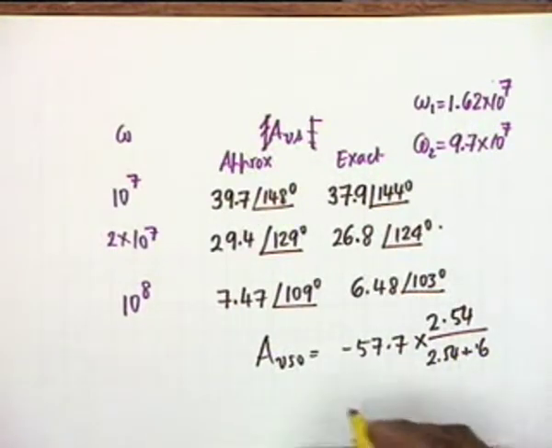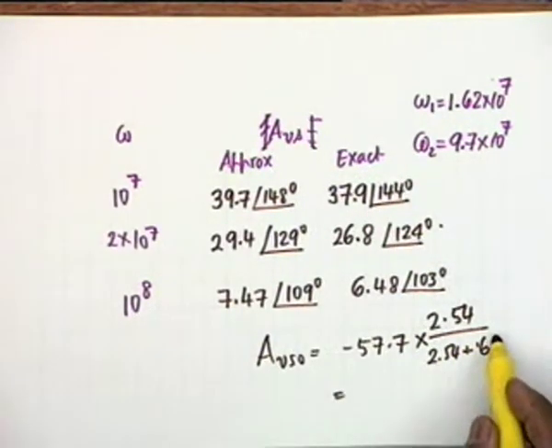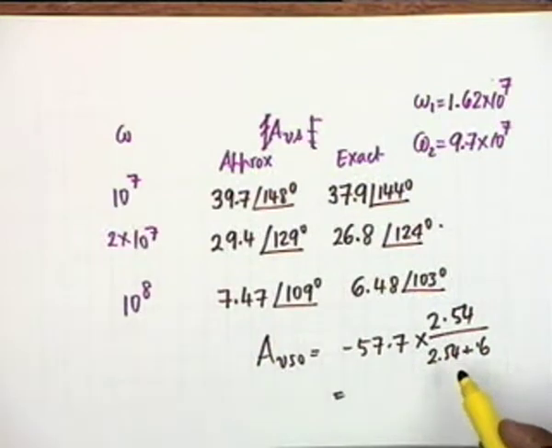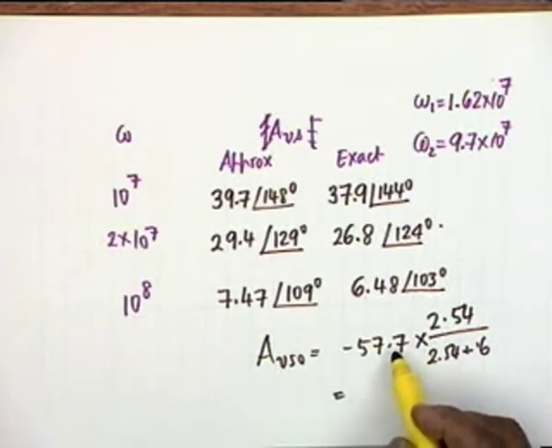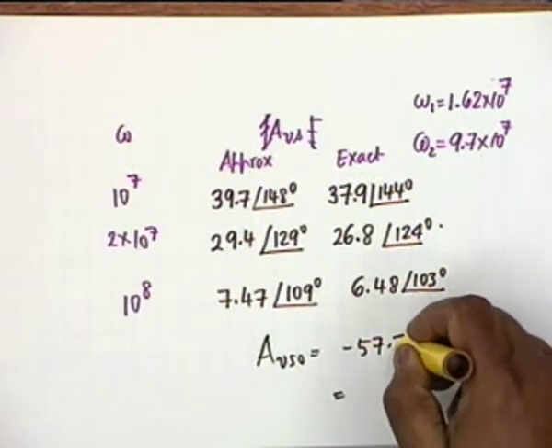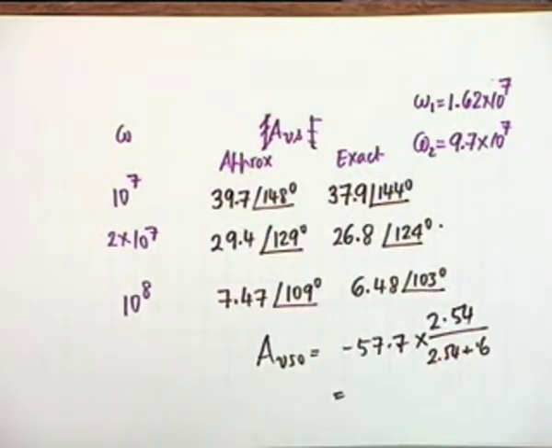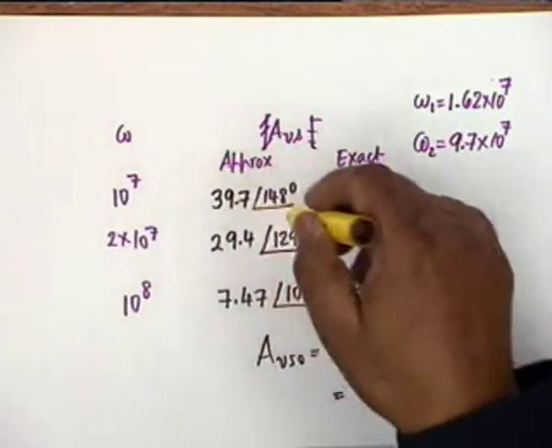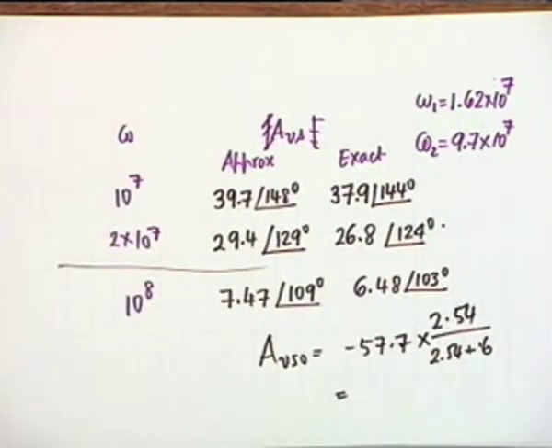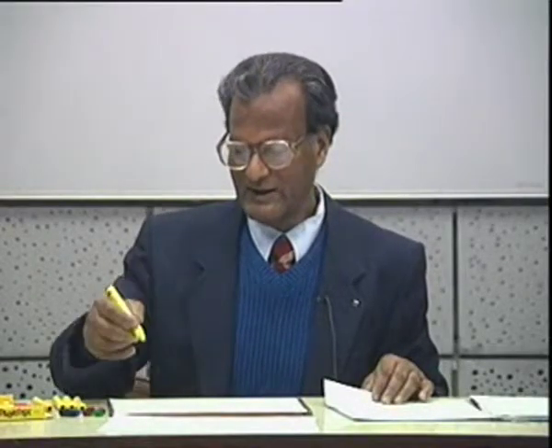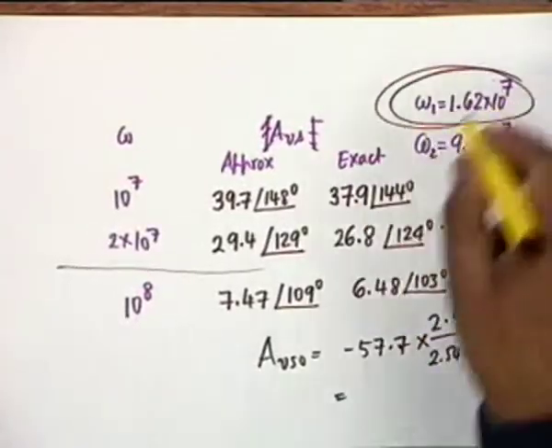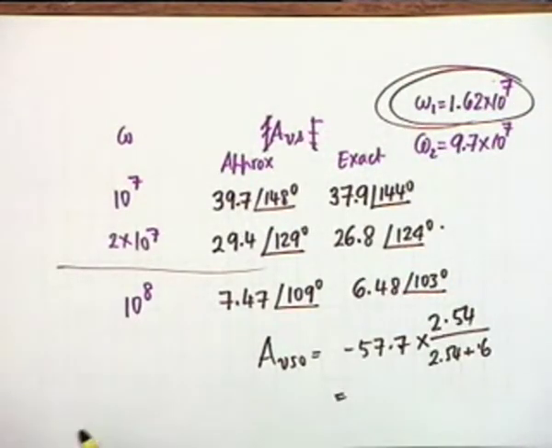Anyway, this value, as you see, is approximately 56. 2.54 divided by 3.14. Okay, it's greater than 50. Obviously, we will not use the amplifier when the gain becomes 7.47. We will go approximately up to 2 times 10 to the 7, not more than that. So the 3 dB cutoff being taken as omega 1 is justified, even by exact analysis.